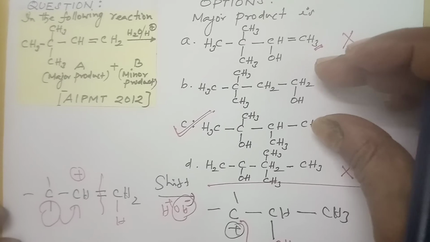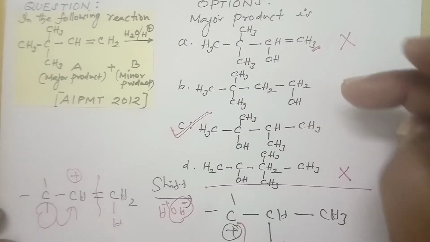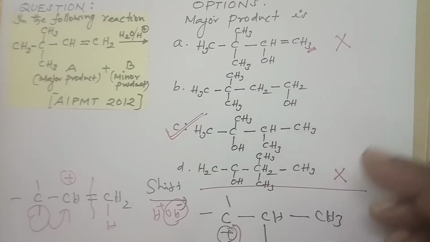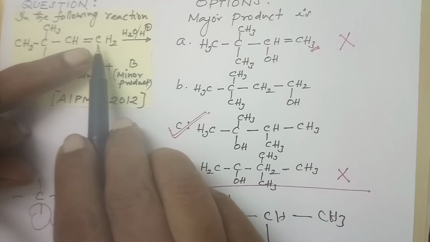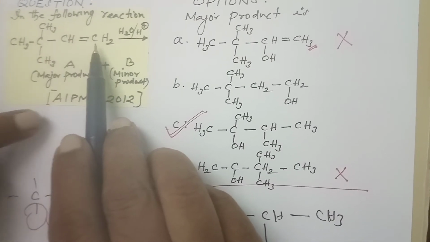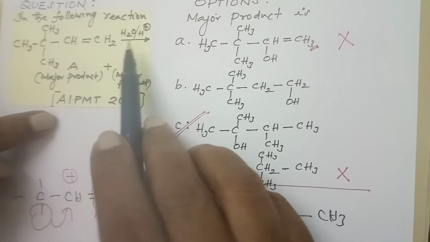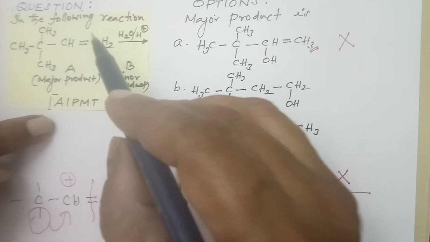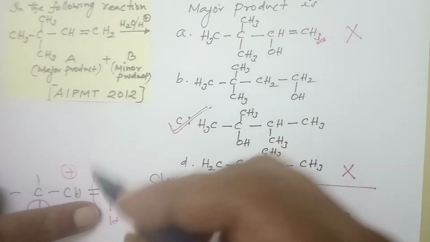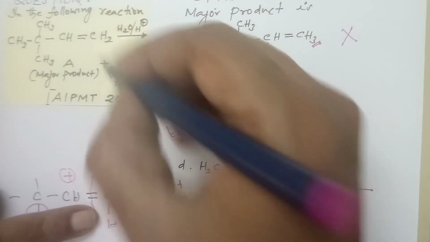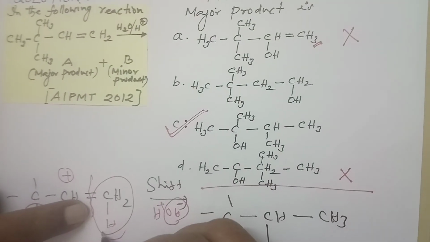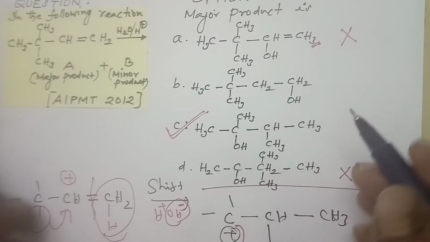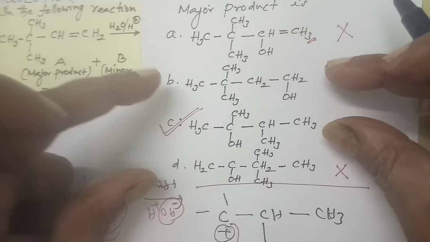Next, you are provided with these two. Without doing the full mechanism, you see here the terminal carbon has a double bond. By Markovnikov's rule, in the first step this carbon is going to convert into CH3. So now the choice is between these two.